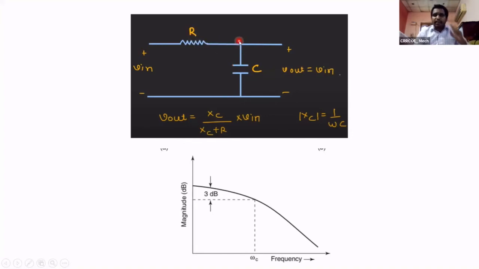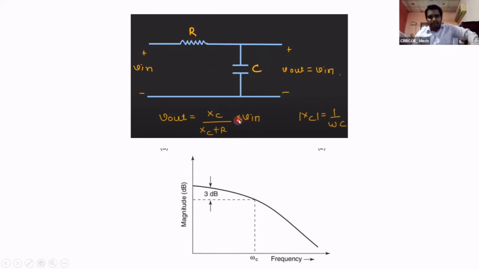By using the voltage dividing rule, V out is equal to XC, the reactance of the capacitance, divided by XC plus R, into V in. Capacitive reactance is the resistance offered by the capacitance. That is called reactance. So V out is equal to XC by XC plus R into V in.